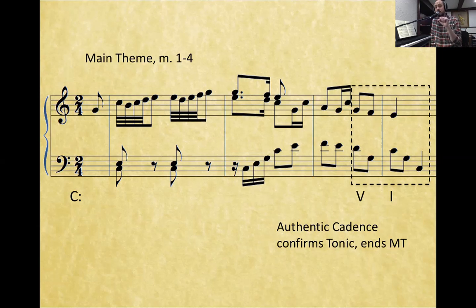Transition starts in the home key and ends in the secondary key. So the transition is going to have a cadence that's not as clear in the home key, and the secondary key is none of it in the home key. So the only time that we should really get a cadence in the home key is at the end of the main theme. So if you do find one, right, like here we've got.